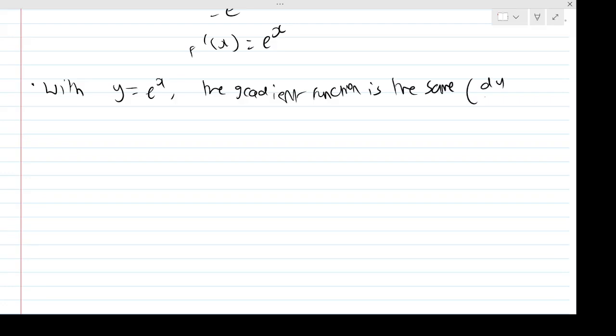That means dy/dx is also equal to e to the x, okay? And e to the x is the only type of function that has that property. So when we want to set dy/dx, the gradient, to equal y, the original function, then e to the x is the only candidate here.